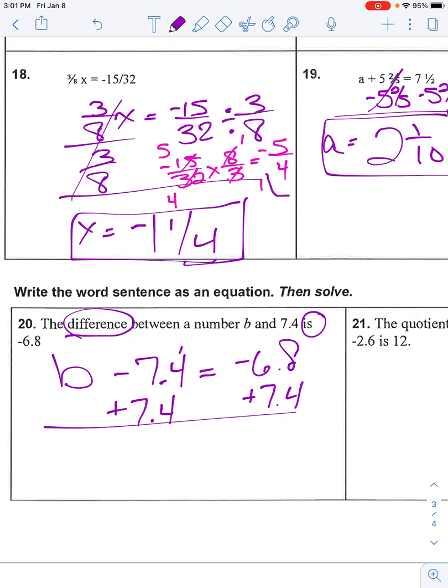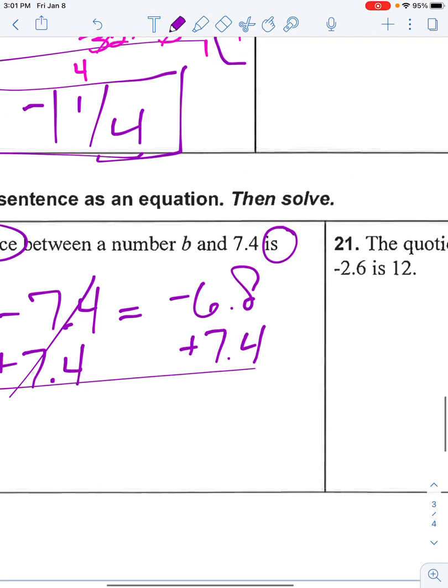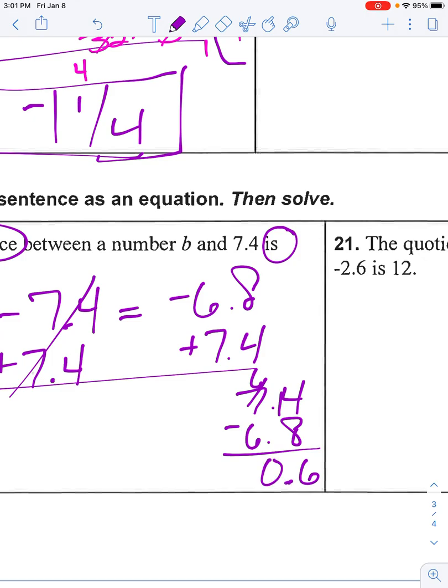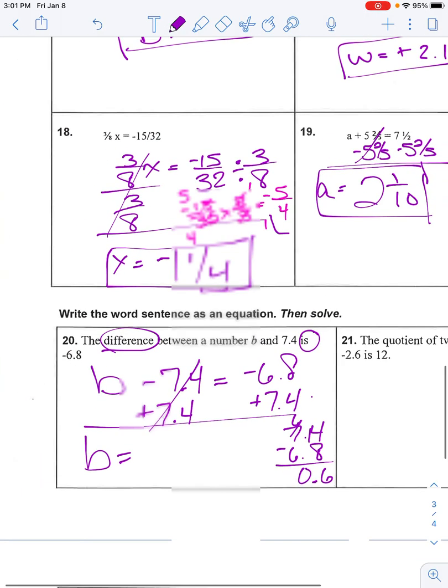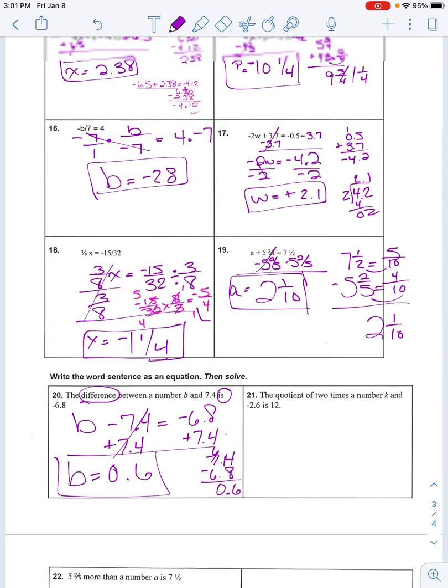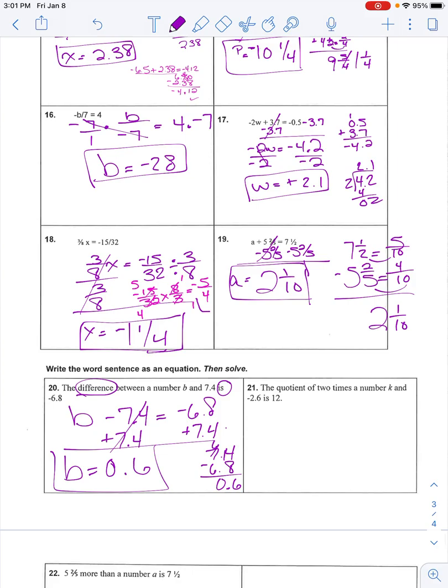We're going to do the inverse to solve, so we're going to add 7 4/10 to both sides. Different signs, find the difference. When you find the difference, the larger number goes on top. So we have 0.6, 7.4 is bigger, so it's going to be a positive 0.6.